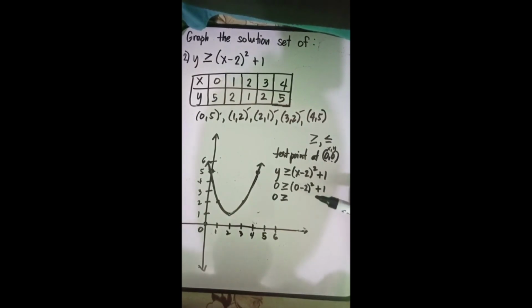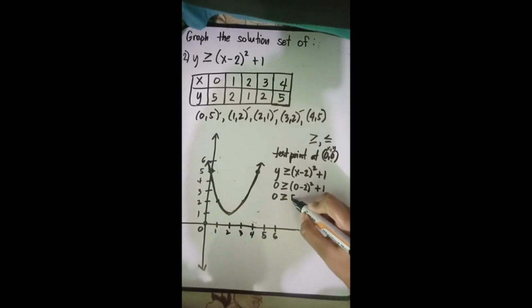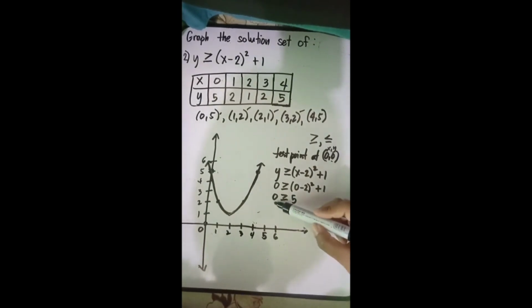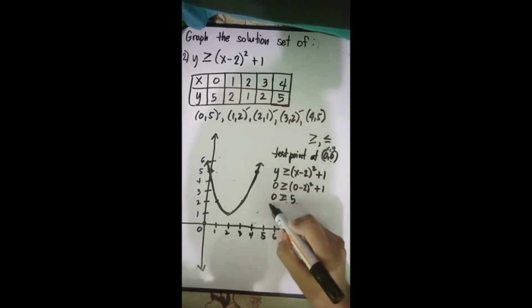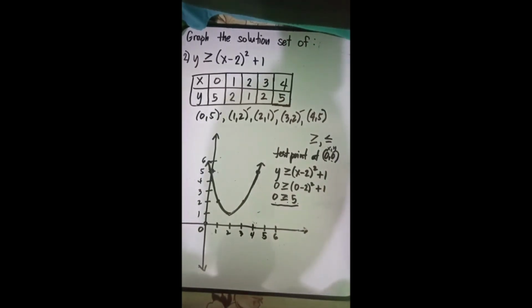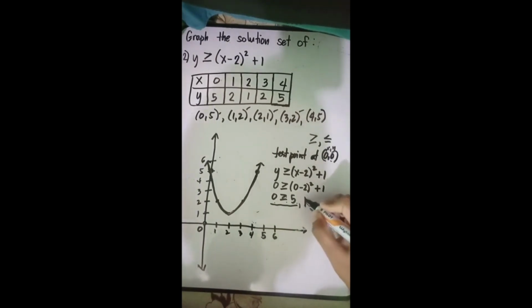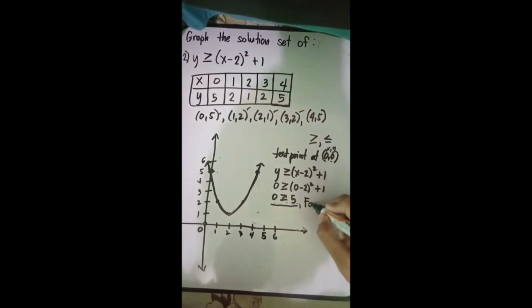So, copy down 0. So, 0 minus 2 square. 0 minus 2 is negative 2. So, what is negative 2 square? We have 4. So, 4 plus 1, we have 5. Is 0 greater or equal to 5? Is this a true mathematical statement? Yes, it is false because 0 is less than 5. So, this one is false.